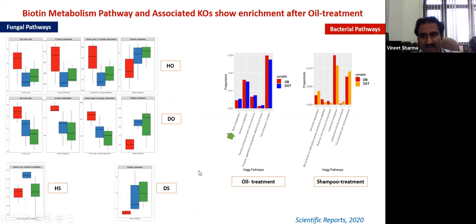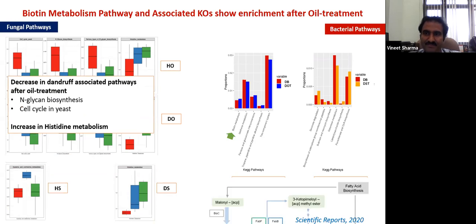So we observed that the fungal and bacterial species associated with healthy scalp were promoted, particularly the bacterial ones. Fungal did not show too much change. The healthy bacterium Propionibacterium showed an increase, and dandruff samples, which had lower Propionibacterium earlier, also showed an increase after the treatment, which was also observed in the relapse phase.